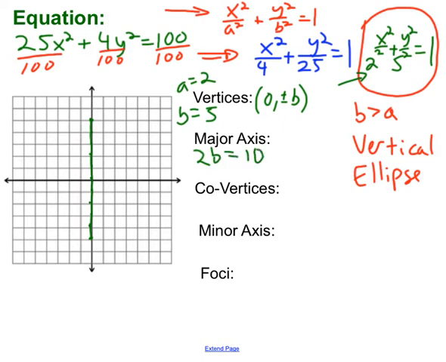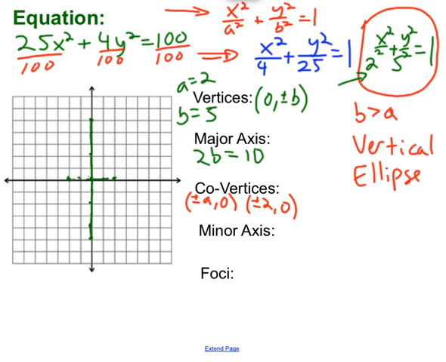All right, let's look at our co-vertices. The co-vertices are located, in this case, along the x-axis. So they will be at plus or minus a, 0. So for us, that means they will be at plus or minus 2, 0. So let's plot those. We go to the origin, we count 1, 2, and then we go the other direction, 1, 2.